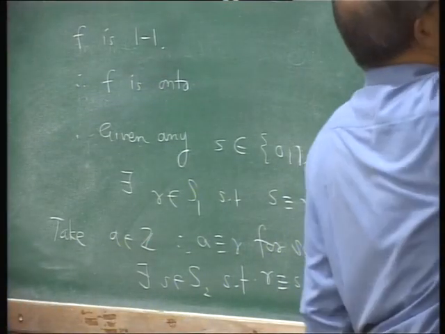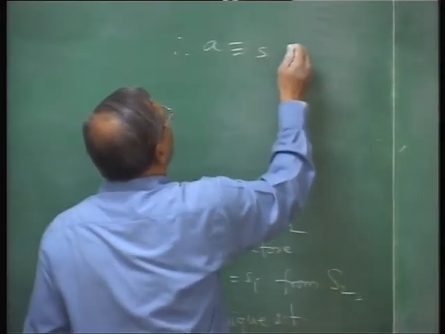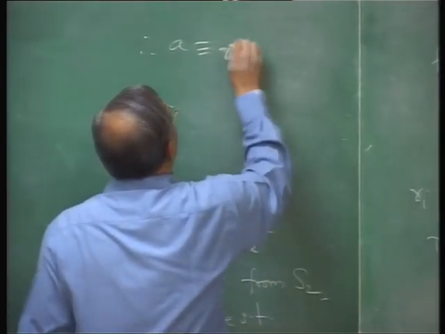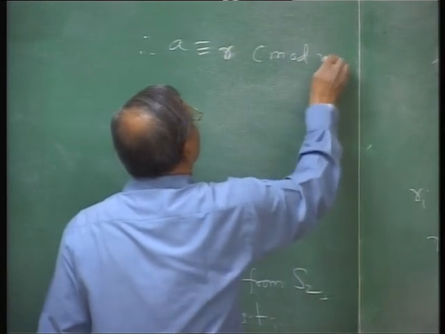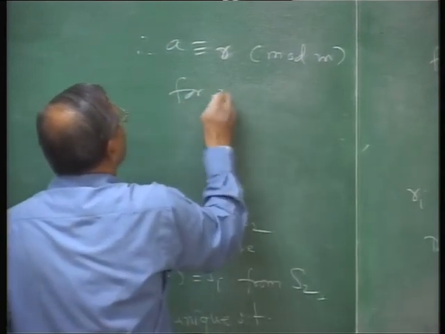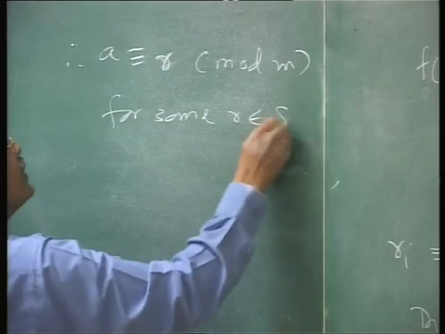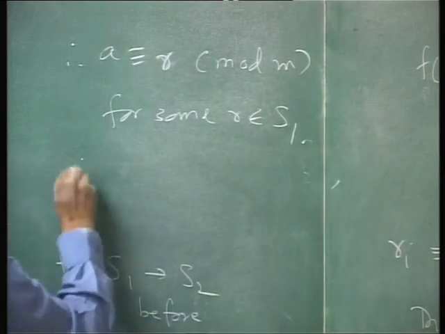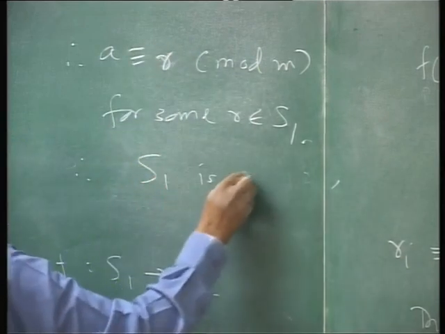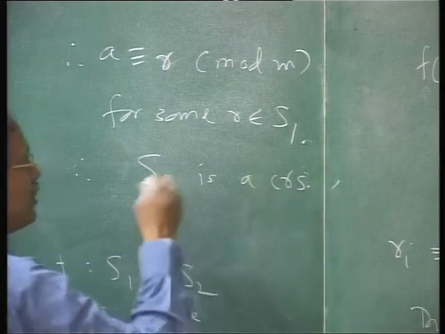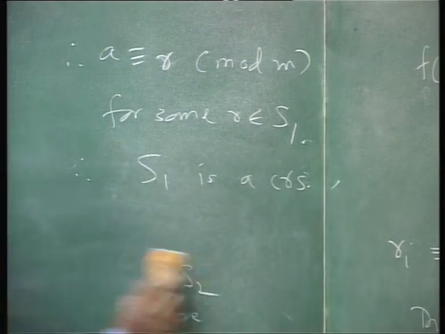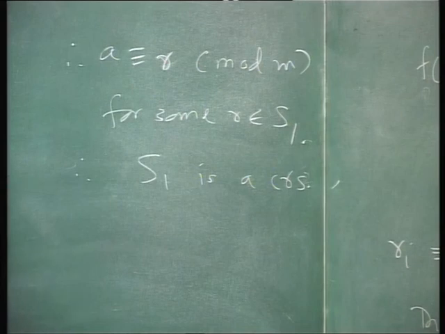Therefore, A is congruent to R mod m for some R in S1. That's what we wanted, and therefore S1 is a CRS because its elements are incongruent and every integer is congruent to one of the elements of S1. Therefore, it's a complete residue system.